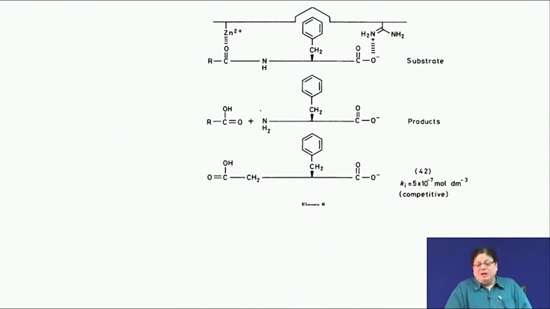Now, at that time it was known that a compound called benzyl succinyl, a substrate, is a phenylalanine based peptide. This is what carboxypeptidase acts on, because I told you that it likes the aromatic amino acids at the end, although it also hydrolyzes aliphatic amino acids at the end.